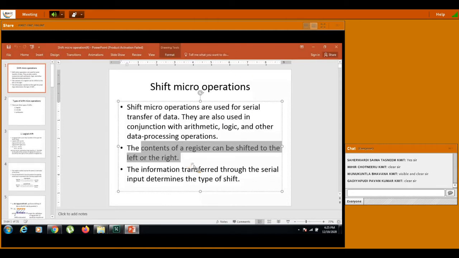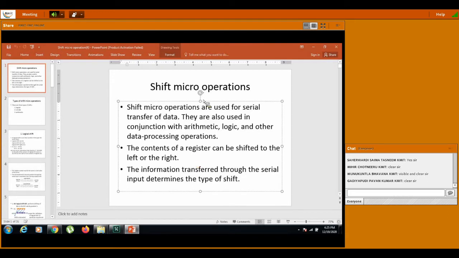Mainly they are used to shift the contents either to the left or to the right. If you are going to shift it to the left, you call it a left shift micro operation. If you are going to shift it to the right, it's called the right shift micro operation. Anyway, we'll come to that in the coming PPT slides.